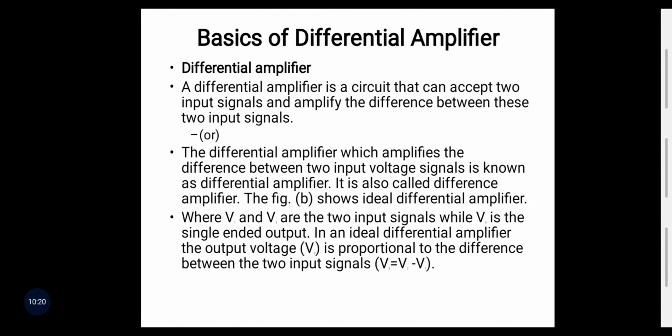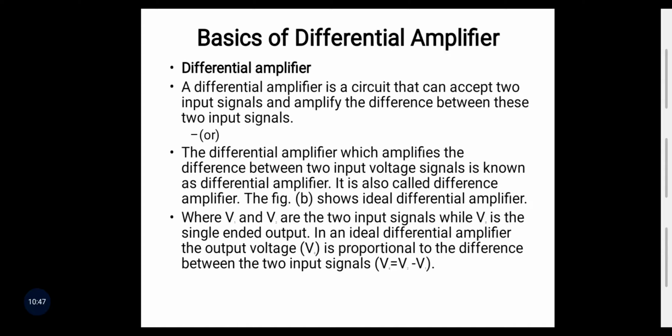If you take two voltages, the differential amplifier consists of two input signals V1, V2 and one output signal V0, each measured with respect to ground. So here input signals are V1, V2, output signal is V0.